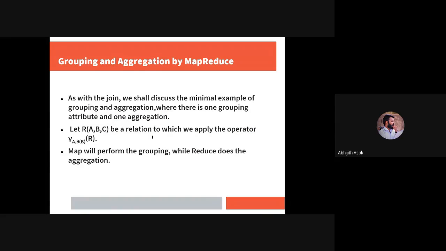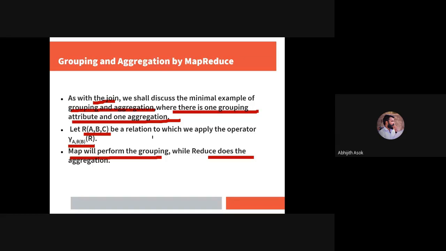Grouping and aggregation by MapReduce. As with join, grouping and aggregation means there is one grouping attribute and another one is the aggregation. For example, R(A,B,C) is the relation and we will be applying gamma A, theta of B on R. Map will perform the grouping and Reduce does the aggregation.